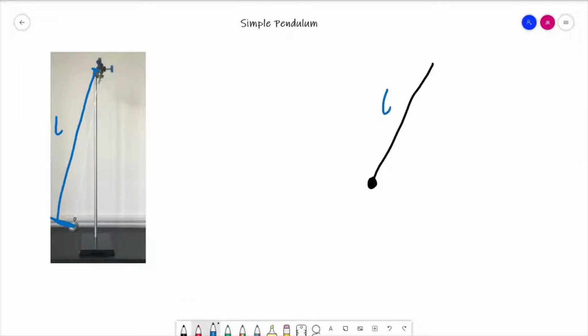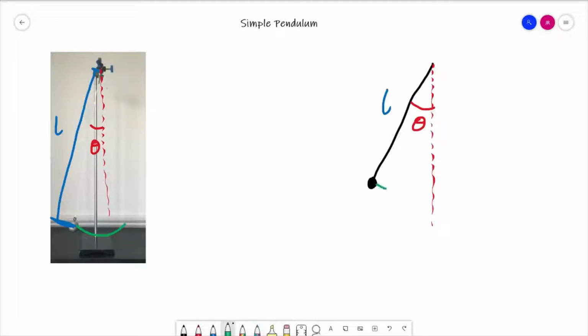So the length of our pendulum will be L. We also need to look at the angle that the pendulum is at compared to the vertical, which we're going to label as theta. So there is our angle theta. Now when the pendulum moves, it will follow the arc of a circle.